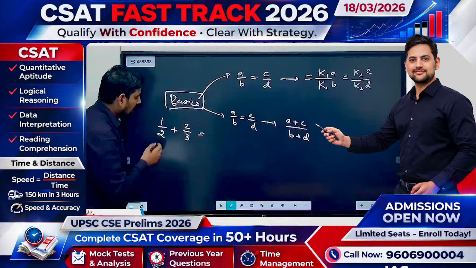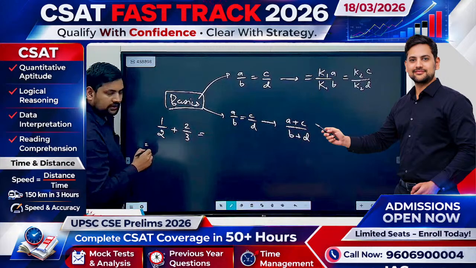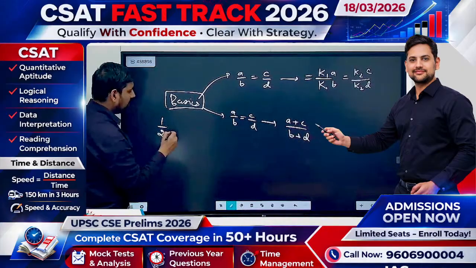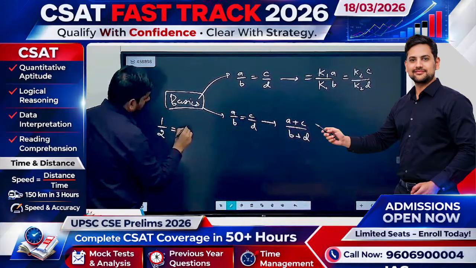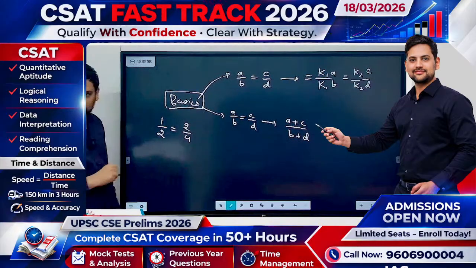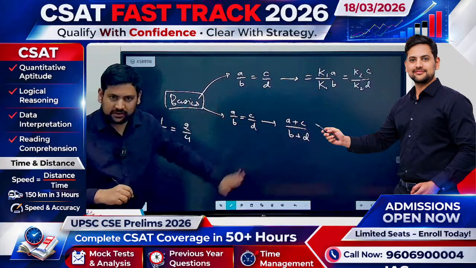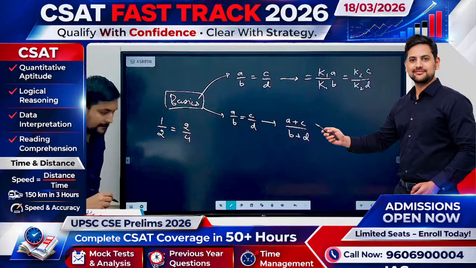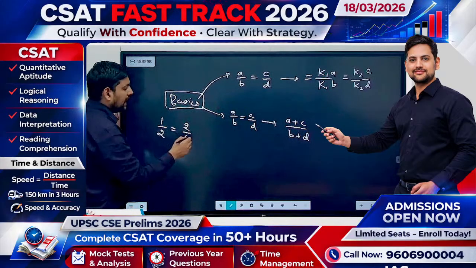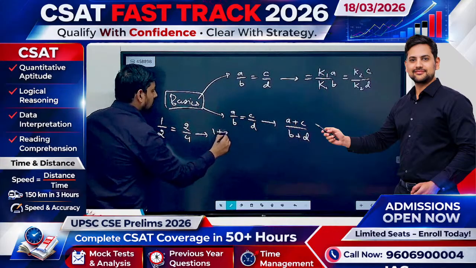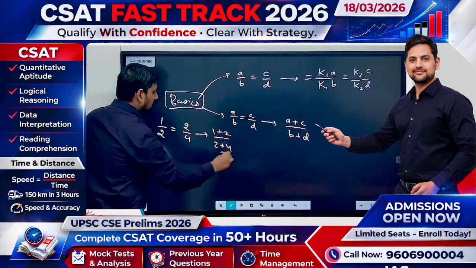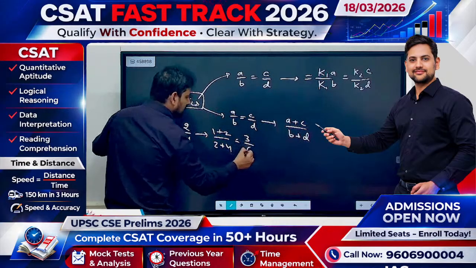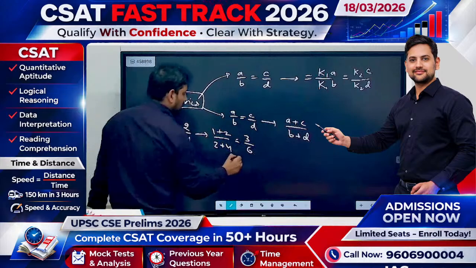What you get? 1 by 2 is equals to, let's say, 2 by 4. First equality we want: A by B is equals to C by D. Now 1 by 2 is equals to 2 by 4. Now, if I add them, then it becomes 1 plus 2 upon 2 plus 4. Ultimately, this becomes what? 1 plus 2 is 3, 2 plus 4 is 6. So what you get?